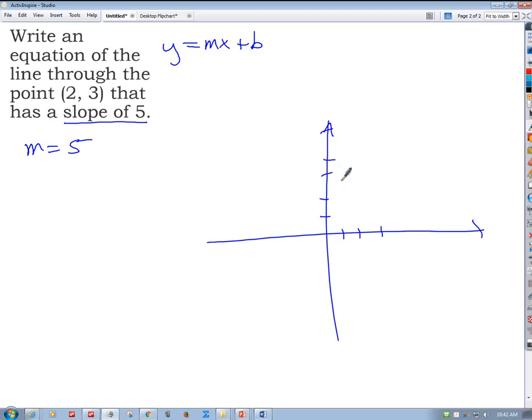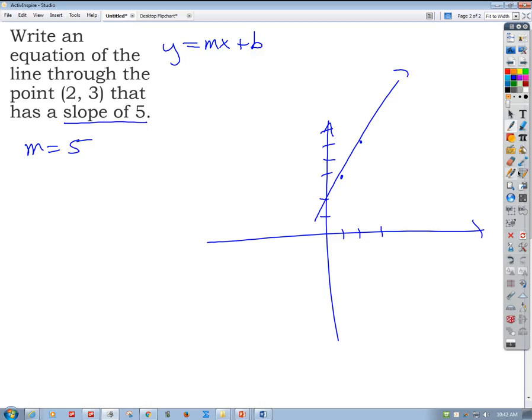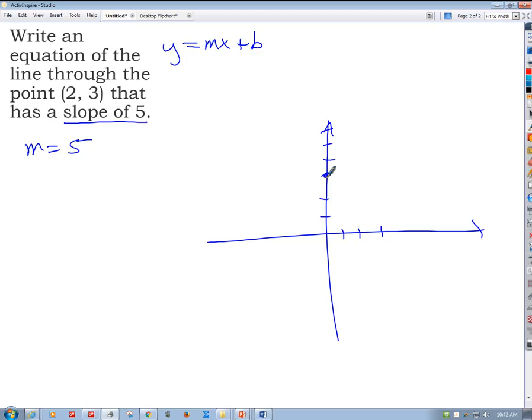My y-intercept is 3, so it's going to be right there if I write the line y equals 2x plus 3. So there's my y-intercept. I go up 2 over 1, create another point, and there's my line.